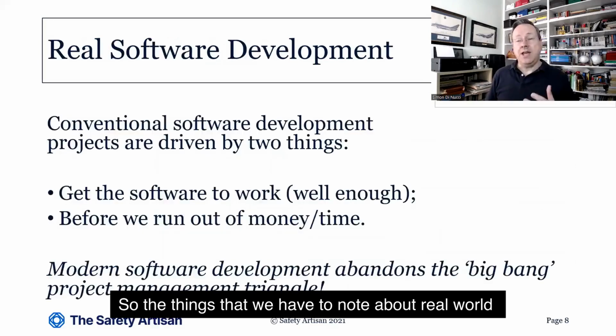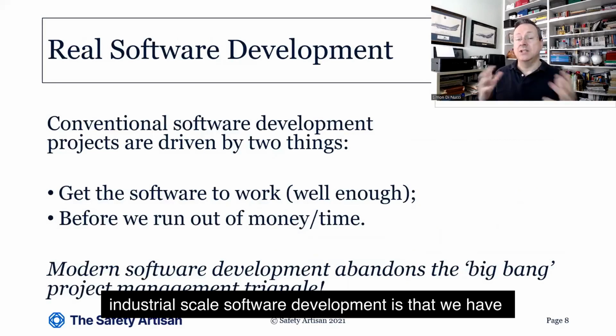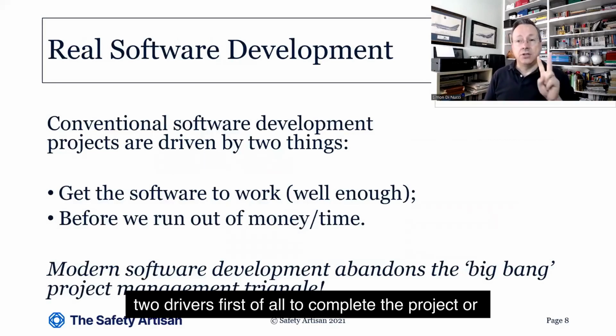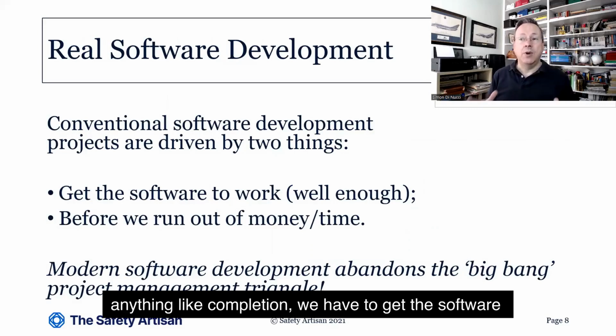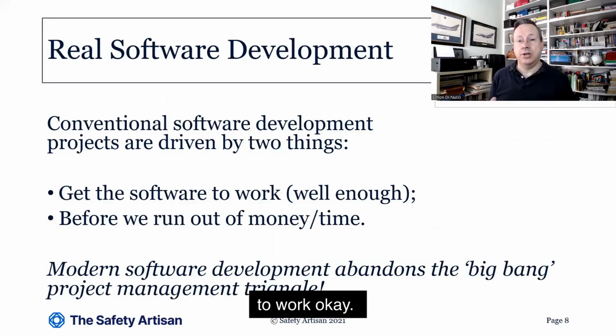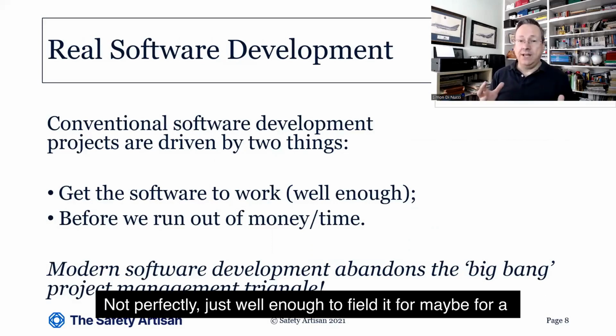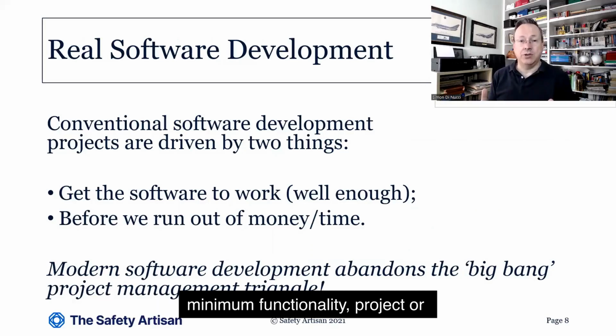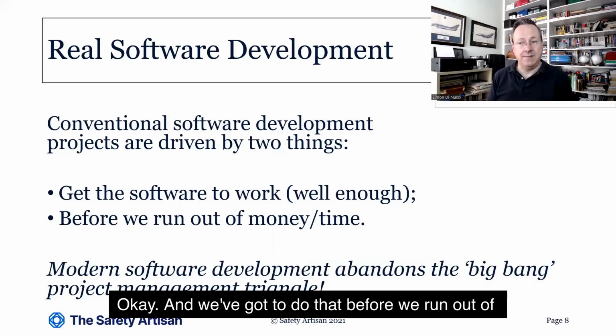So the things that we have to note about real world industrial scale software development is that we have two drivers. First of all, to complete the project or anything like completion, we have to get the software to work, okay? Not perfectly, just well enough to field it for a minimum functionality project or content to get us started, okay?